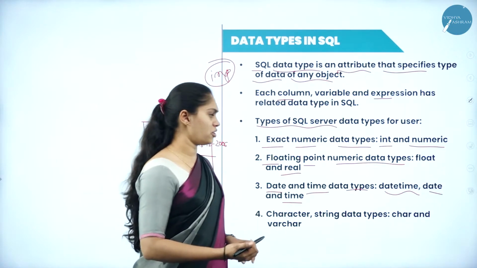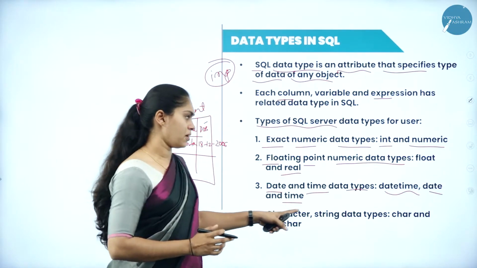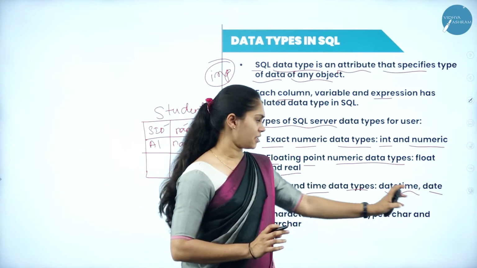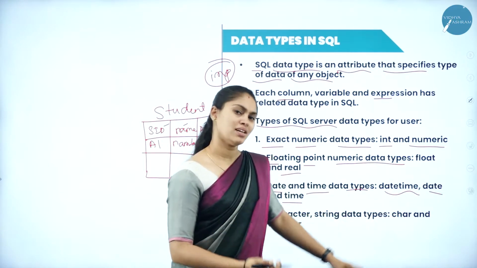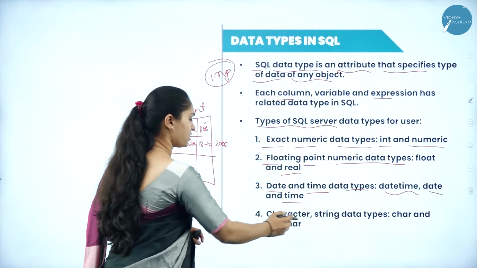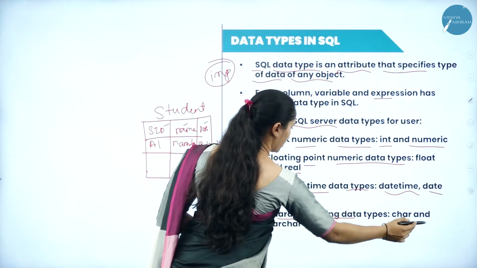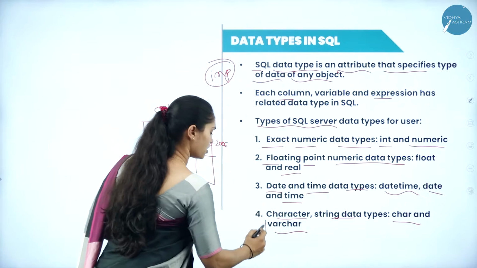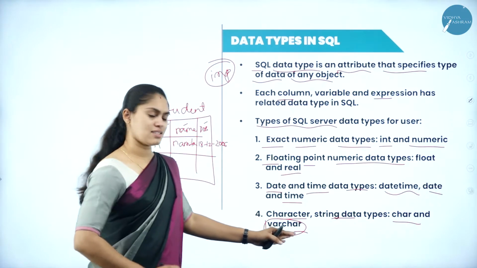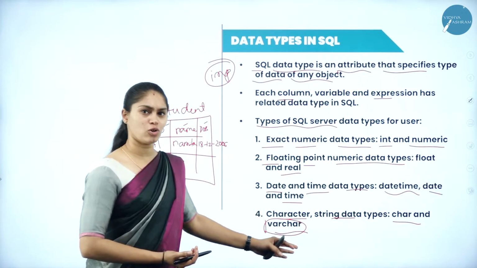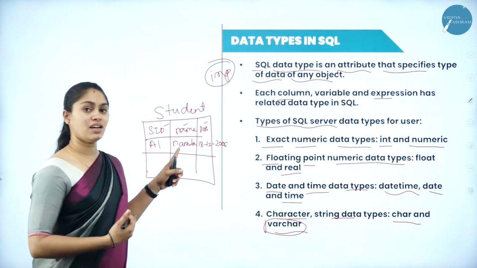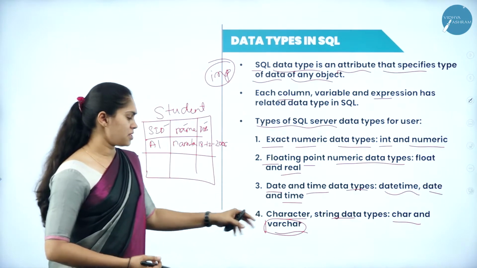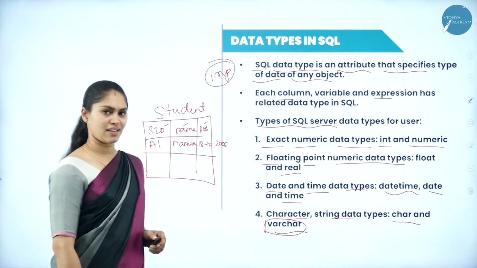For example, if I want to take just time, then time. If I want to take only date, then date. If I want to take both date and time, then datetime. Then we have character string data types that include char and varchar. This is new to everybody. Varchar means variable character. It will hold both alphabets as well as numerics. For that purpose, we have this varchar data type.